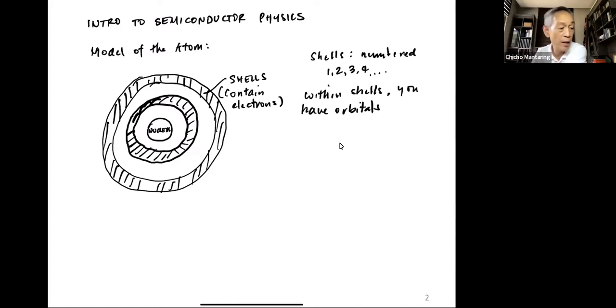If you remember this from chemistry, you have the s orbital, the p orbital, the d orbital, and the f orbital. Your s orbital can contain 2 electrons, your p orbital can contain 6 electrons, your d orbital can contain 10 electrons, and the f orbital can contain 14 electrons. These are the number of electrons that can be contained.